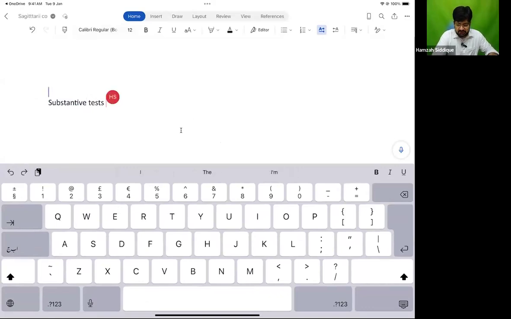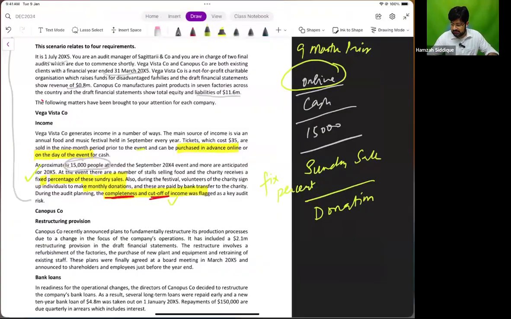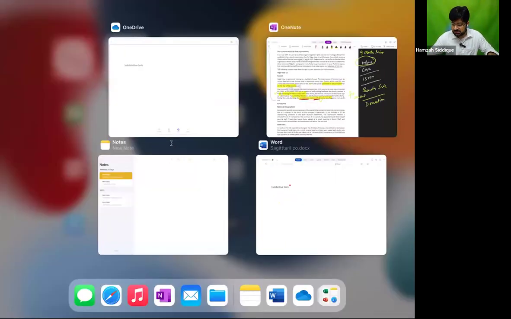Okay, so substantive tests. The first point we highlighted was that they sell for cash. Very easy to verify on the event day. Now we can write on it for cash.